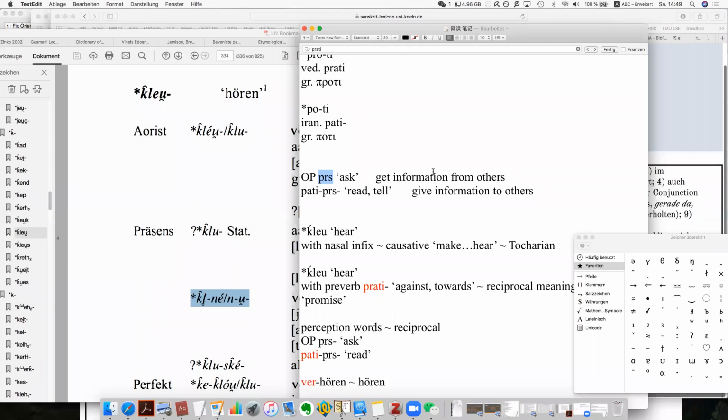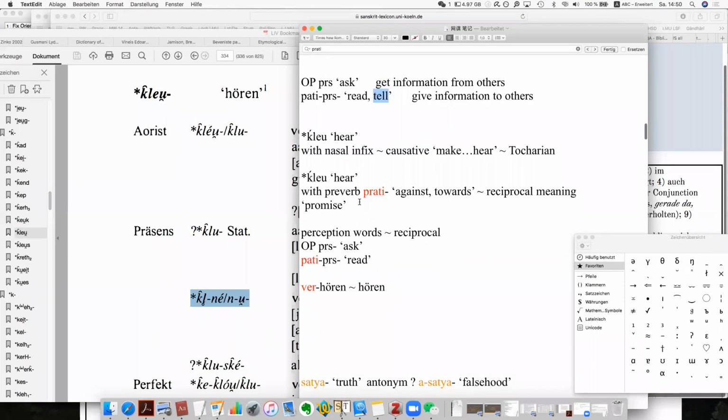Ask means you want to get information from others, but read or tell means to give information to others. So this is the reason why pati-prs can mean "read."